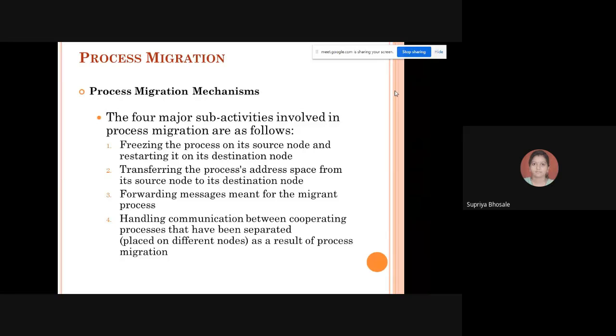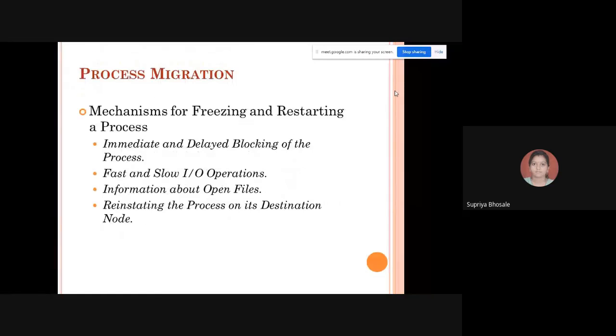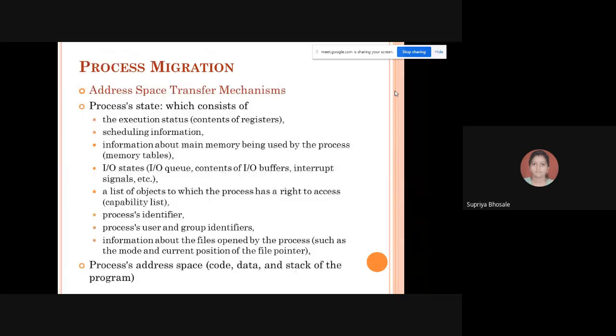Then in the mechanism, the 4 major sub-activities involved in the process migration that we have gone through in detail. Okay, so in that, the freezing and restarting of the process, then address space transfer mechanism.